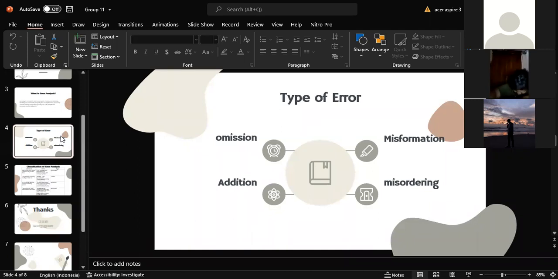Number two, addition. This error is the opposite of omission. These errors are categorized by the presence of an item which must not appear in a well-formed utterance. It is divided into three types of addition error. A double marking: this addition error is described as the failure to delete certain items which are required in some linguistic constructions but not in others.